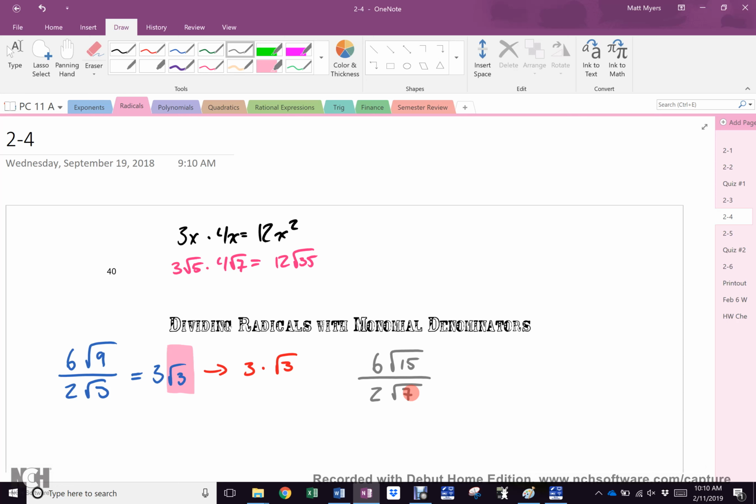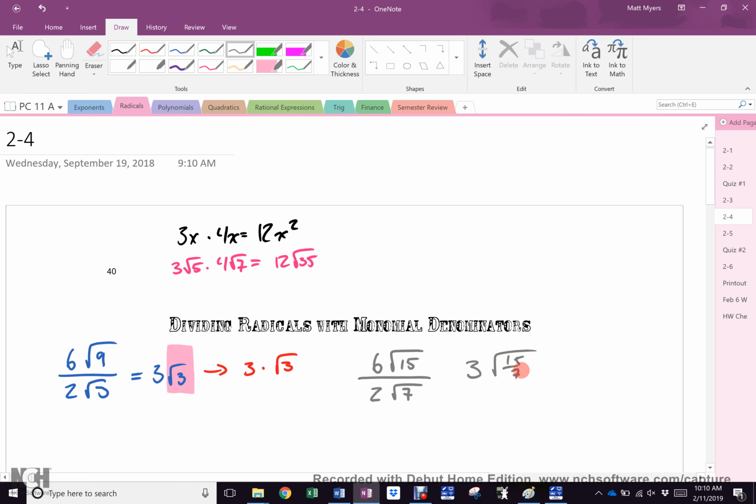What do you think? What can you tell me about that? What I just wrote up there in gray. It's going to be 3. And then it would be the root of 15 over 7, correct?